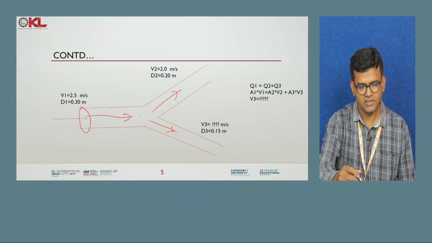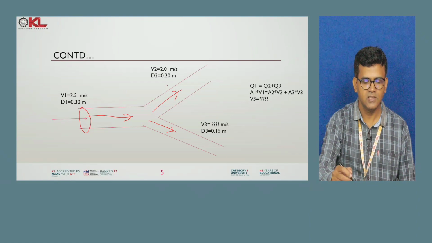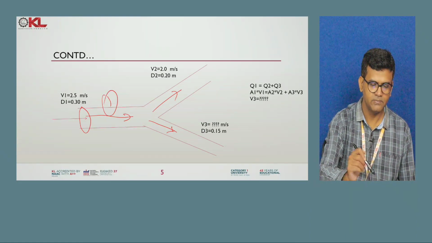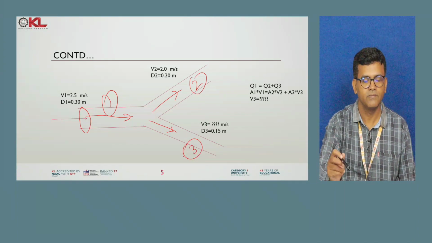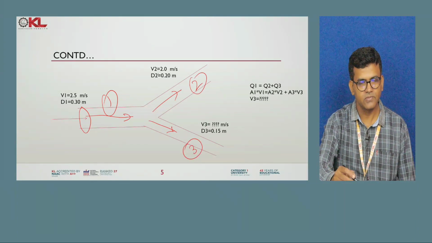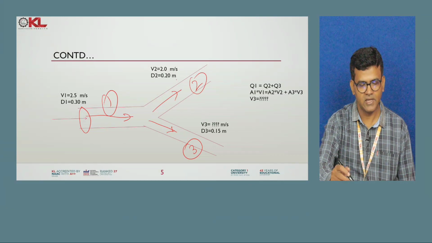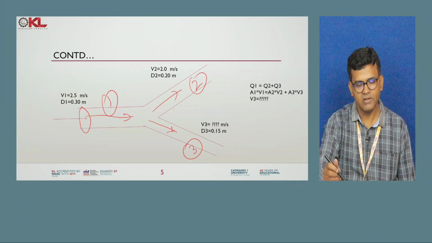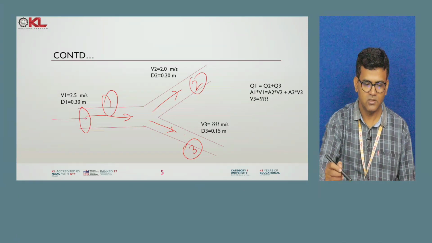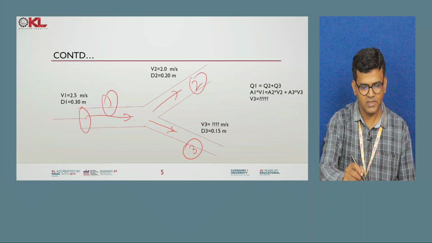Suppose this is section 1, the main branch, section 2 a sub branch, and section 3 the other sub branch. In section 2 the velocity is 2 meter per second and the diameter is 0.2 meter, while in section 3 the diameter is 0.15 meter and you have to find the velocity. So the diameter is changing and you have to find the velocity in the sub branch. Whatever flow is coming is going to be divided into the two sections.